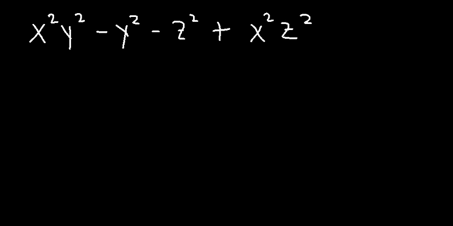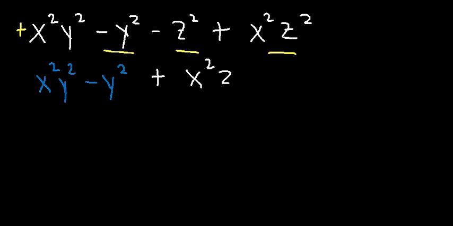Now notice that we have a minus y squared here. It's like positive then negative, but here it's negative then positive. I'm going to rearrange it so that it's in the same order, positive and then negative. And then the second part I'm going to write as x squared z squared minus z squared. Because notice that these two are similar and these two are similar.